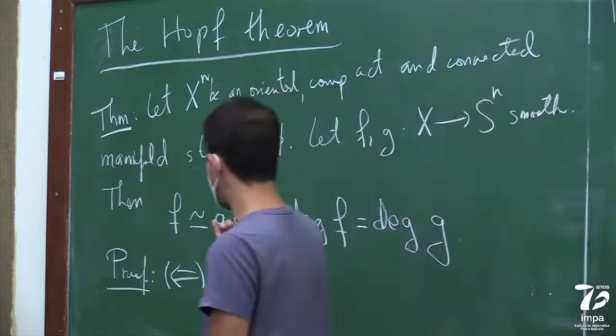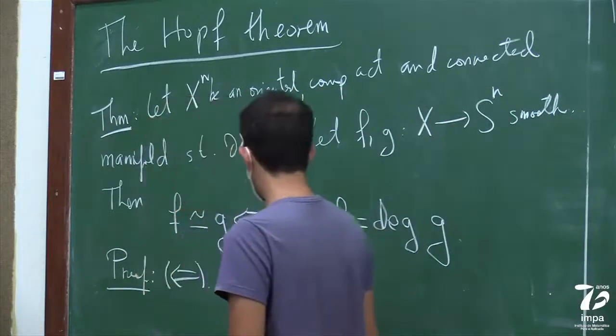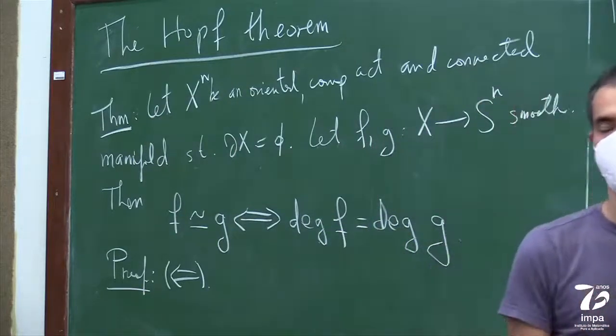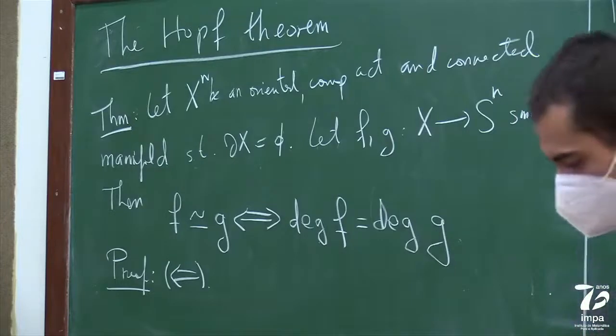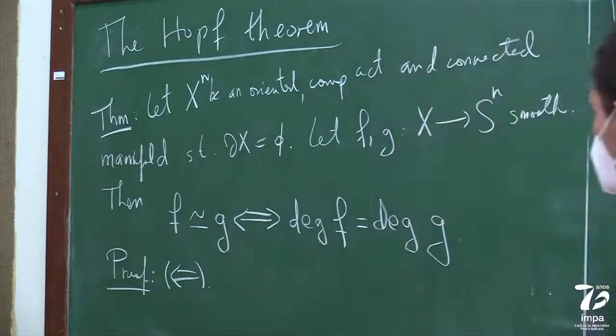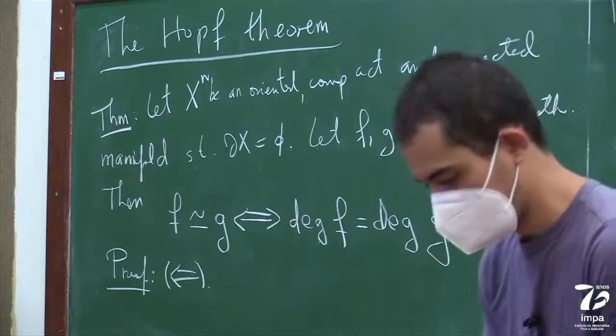It can classify them up to homotopy, but using some topological invariant that's not a degree, but it's a little bit harder. I might say a few words about that later today, if I have time. But anyway, the proof, if you've read Guillemin and Pollack, it's going to be a little bit different. But it has the same smell basically.